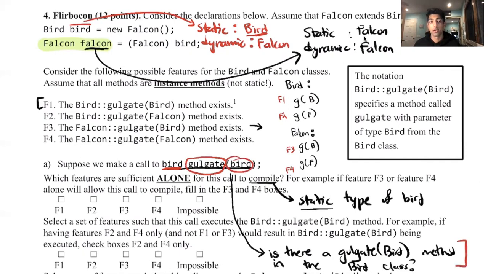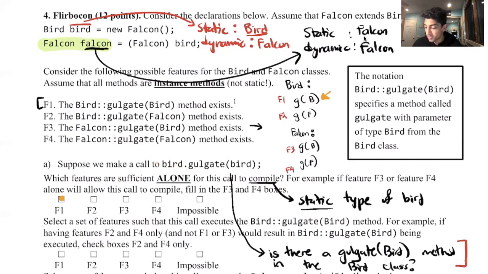So if we include F1, which is a gulgate(bird) method in the Bird class, this would allow the code to compile, because we look in the Bird class, we see a gulgate(bird) method, and then this function call is satisfied.